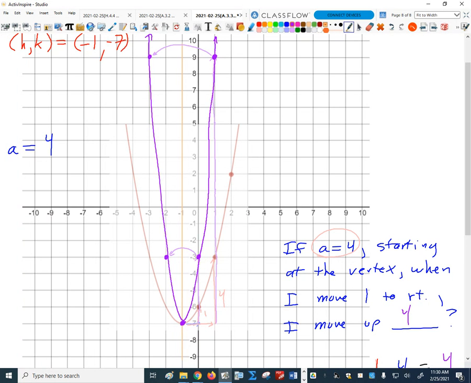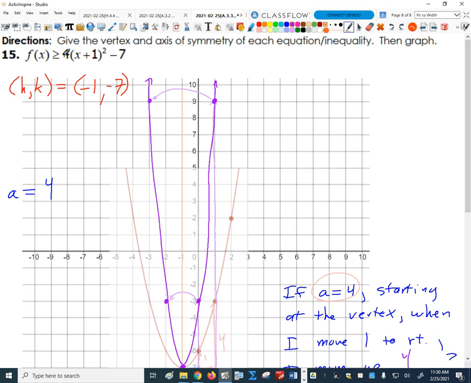There it is. Okay. And if I go back to my original inequality, look, this time I'm actually including an equal sign, so it's a solid boundary. If I've got f of x is greater than or equal to my boundary, doesn't that mean that I'm shading above the boundary?